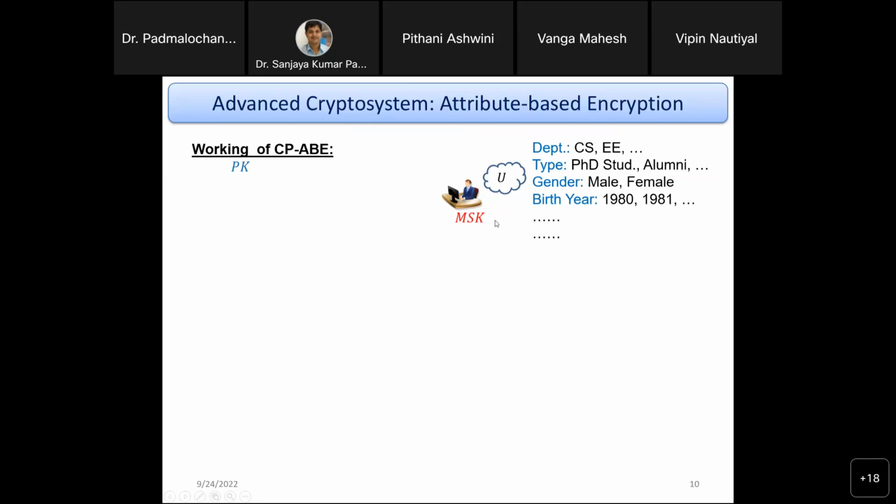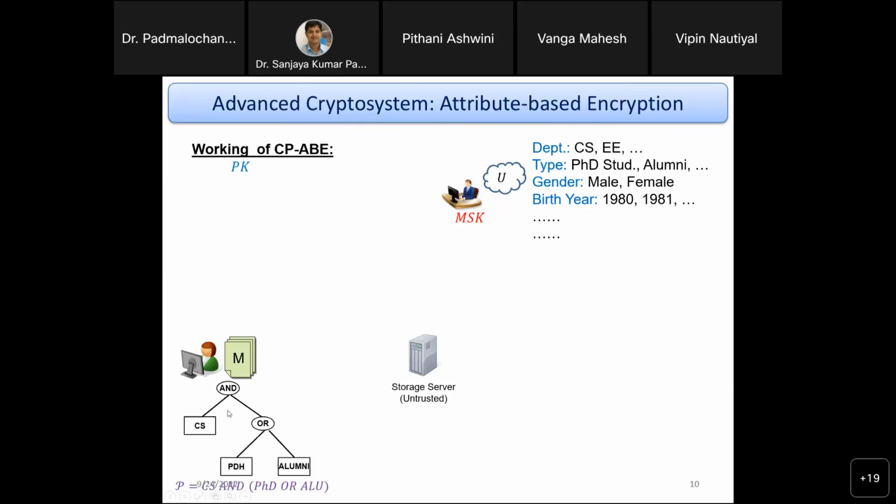A master secret key is a key generated by the trusted authority for different users based on their attributes. These are generated by the trusted third party for different users and will be used for the decryption operation. Then you have a public key, which is available to all stakeholders in the system.